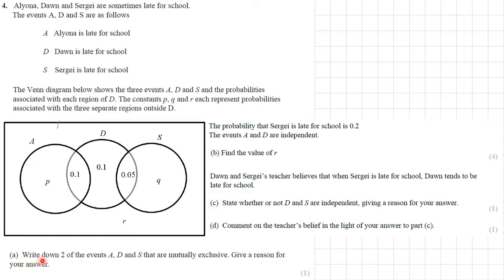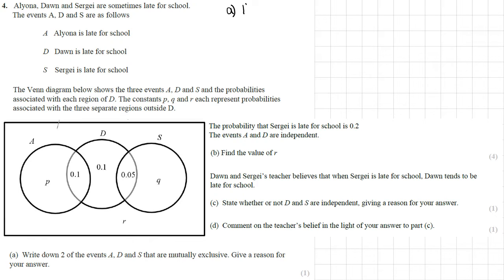And part A is down here. Write down two of the events A, D and S that are mutually exclusive. Give a reason for your answer. So mutually exclusive means the events cannot happen at the same time. That's indicated by circles which don't overlap, or if there is an overlap, that overlap contains 0.